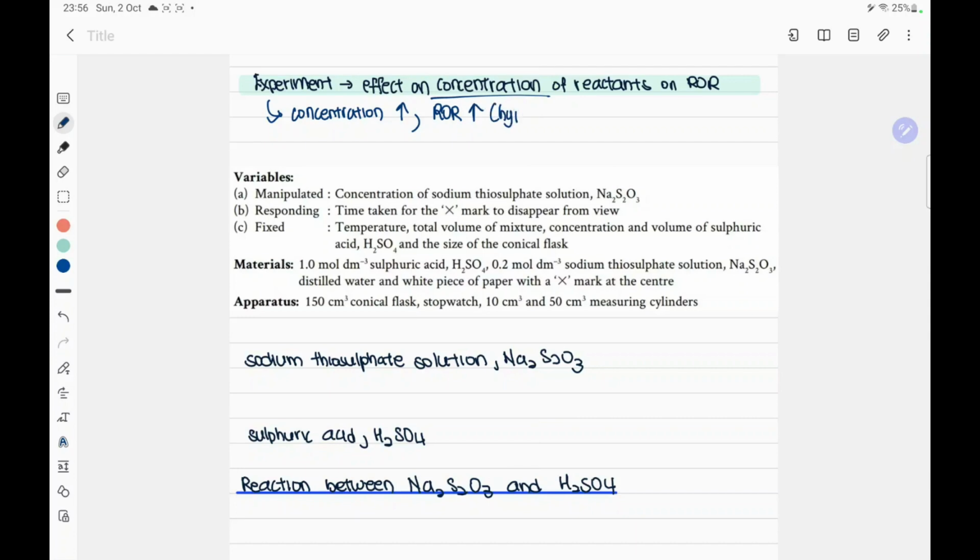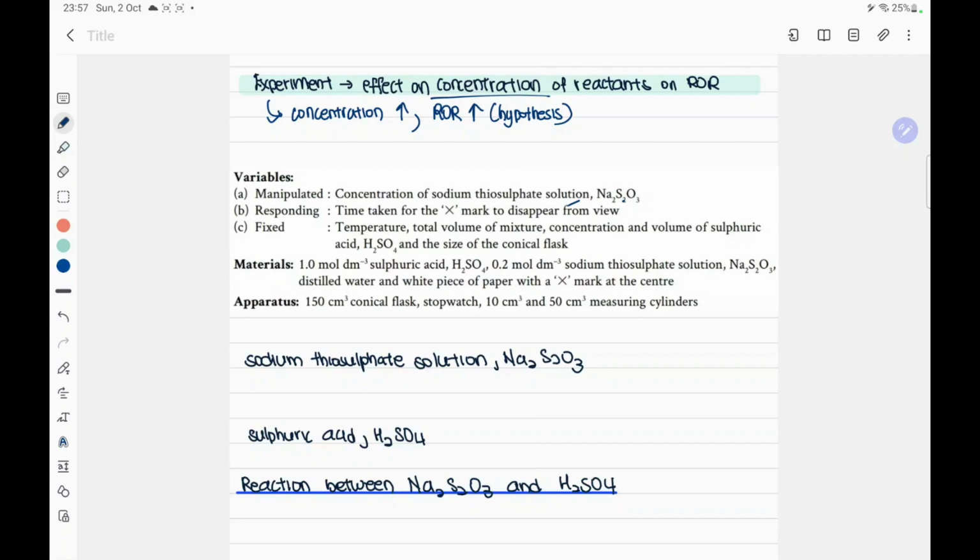And yes, this is our hypothesis. So the manipulated variable, the factor that we change, is the concentration of sodium thiosulfate solution, and the responding variable is the time taken for the X mark to disappear from view.